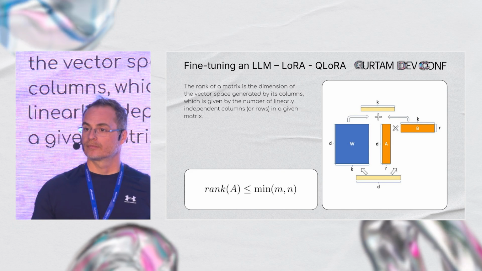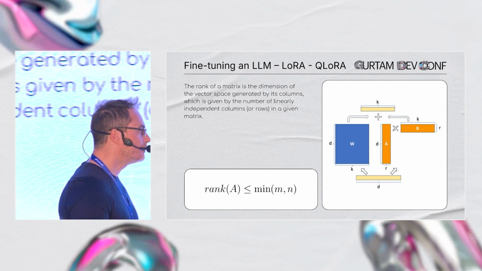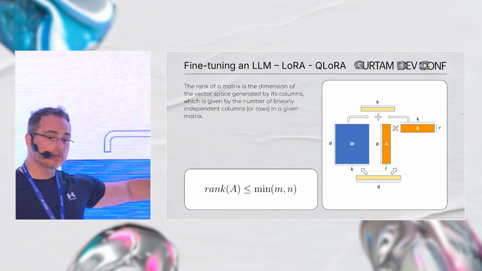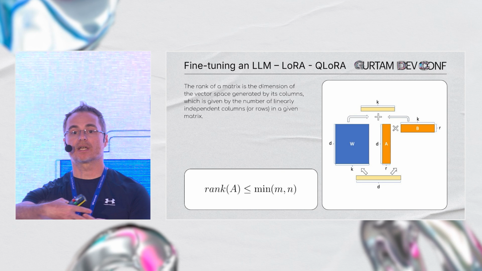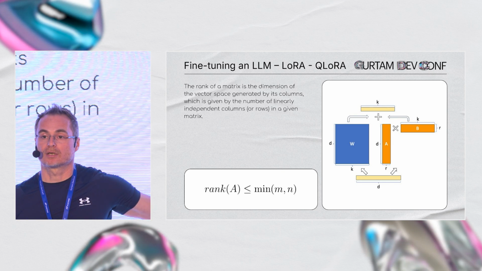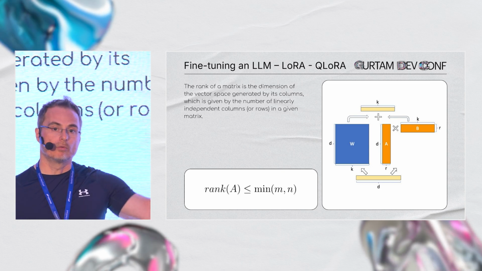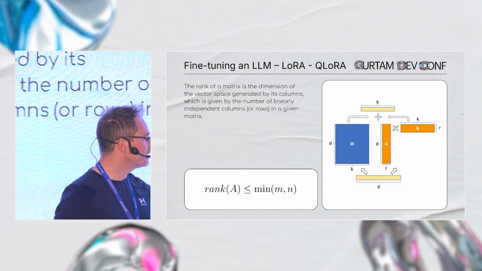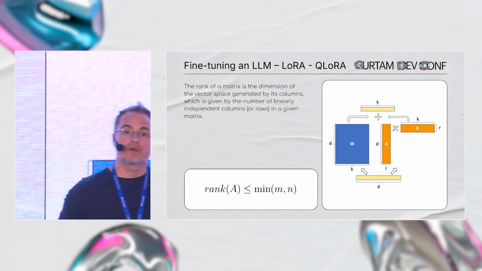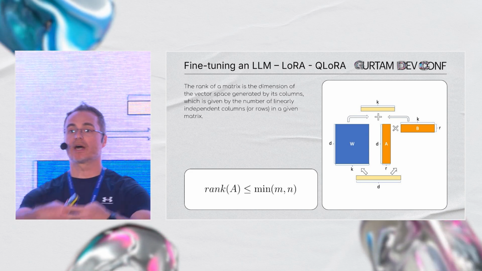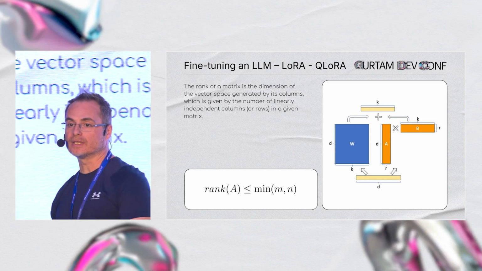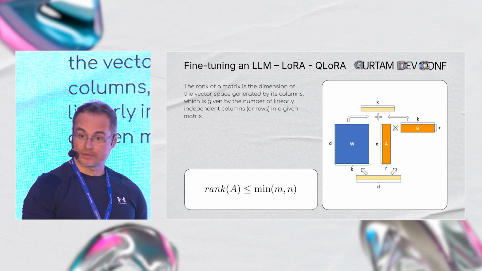Here is the idea. Thanks to math properties, we can have two vectors that, multiplied together, have the same dimension as our original matrix. So what if I train just one vector and then the other and then multiply them? I reduce the number of trainable parameters a lot.